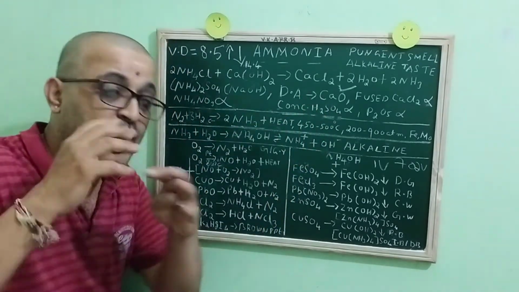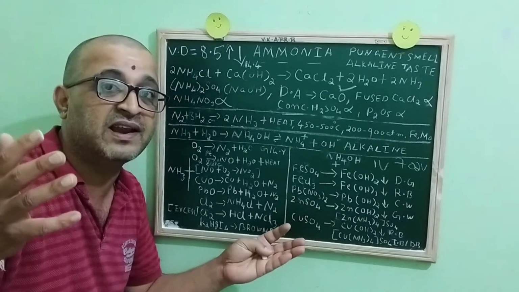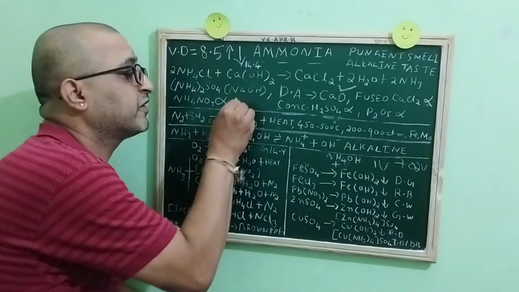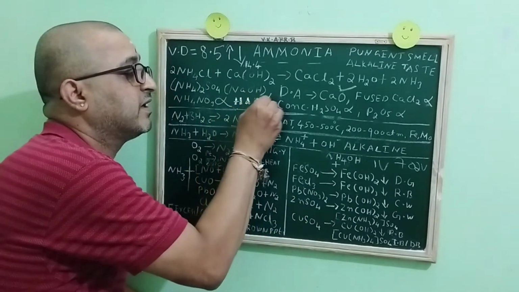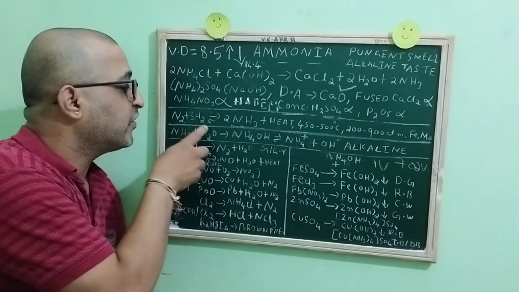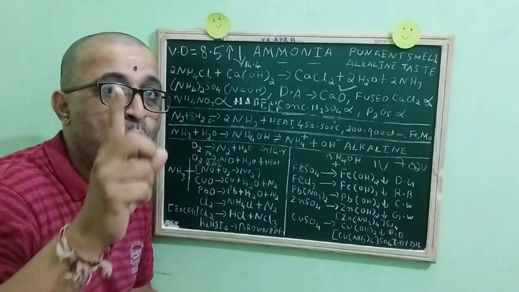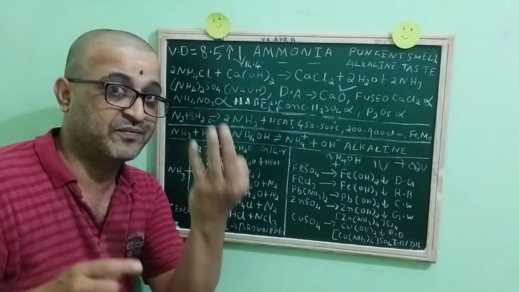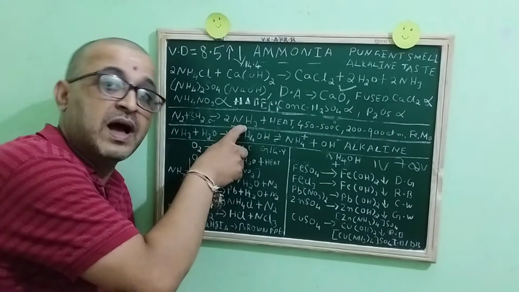Drying agent. Now, I want to manufacture ammonia on a large scale. Then I have to go for what process? The next process is what? Haber's process. In Haber's process, we take nitrogen and hydrogen in a 1:3 ratio, right? To get ammonia.